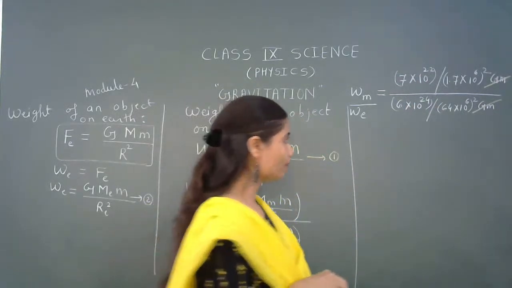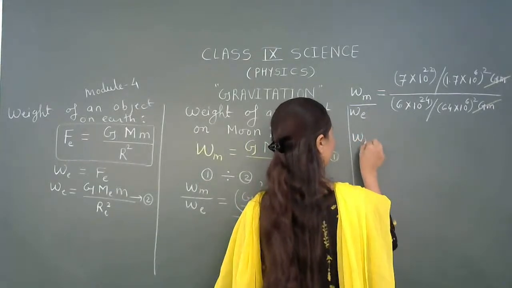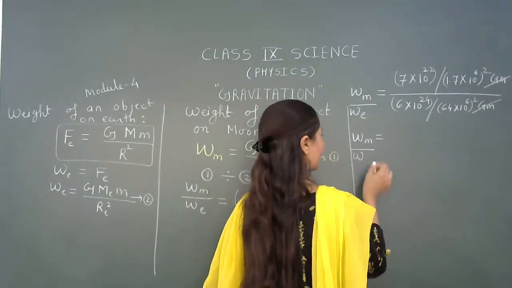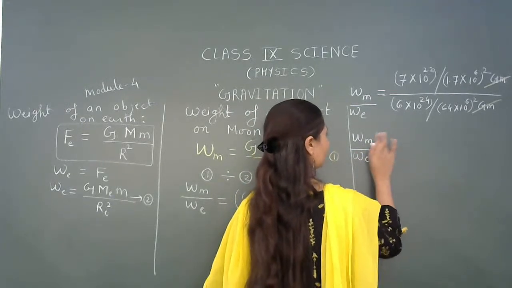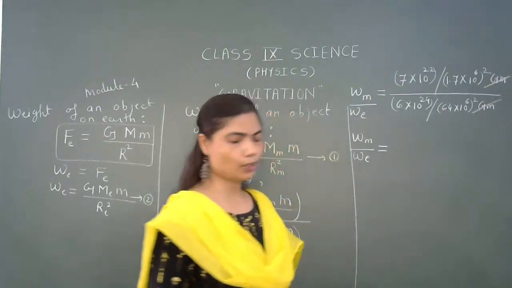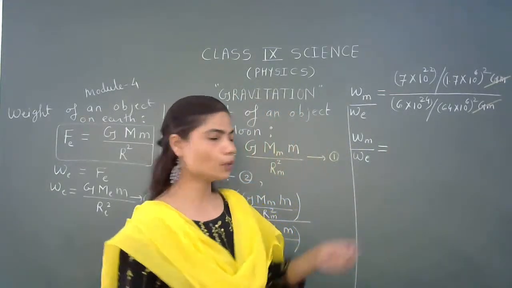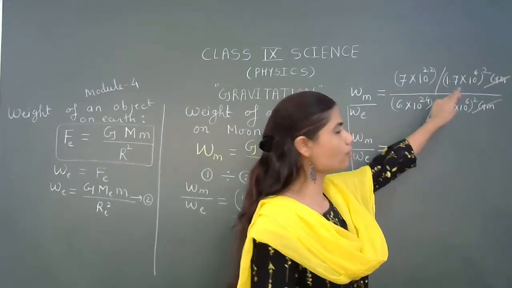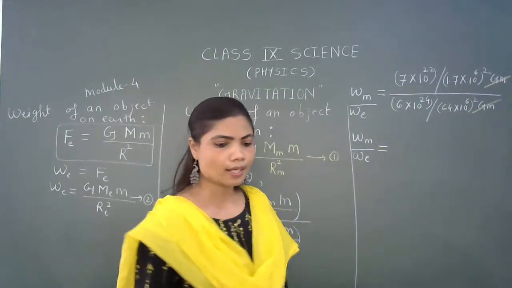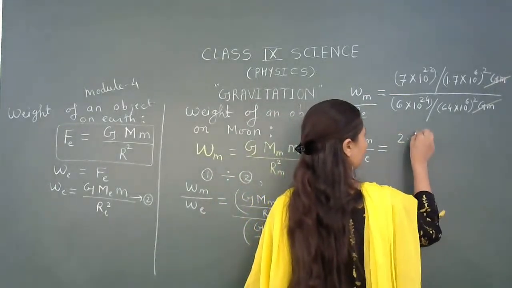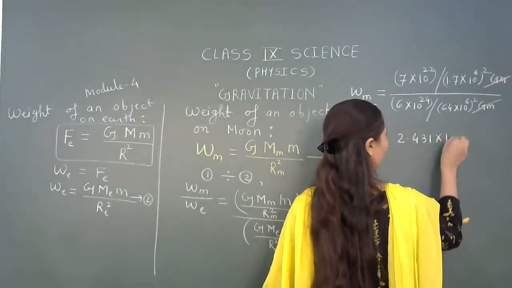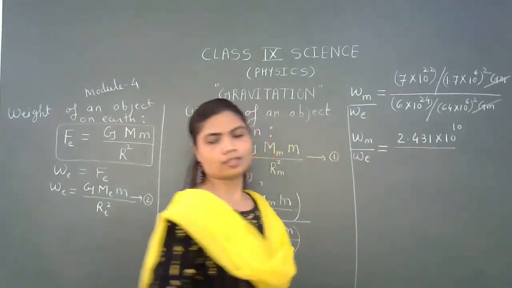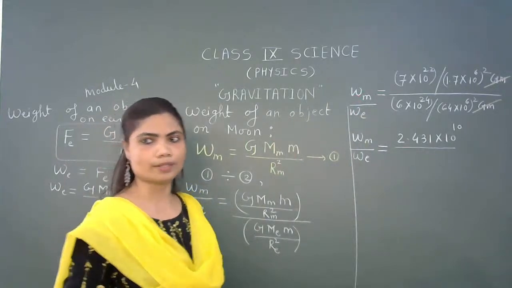Okay? And then taking the reference, we will understand that the ratio of weight of any object on the moon upon weight of the object on earth will be equivalent to: if you multiply this 7 into 10 to the power 22 divided by 1.7 into 10 to the power 6 whole square, it will be 2.431 into 10 to the power 10 in terms of G, which we have already cancelled out, right?